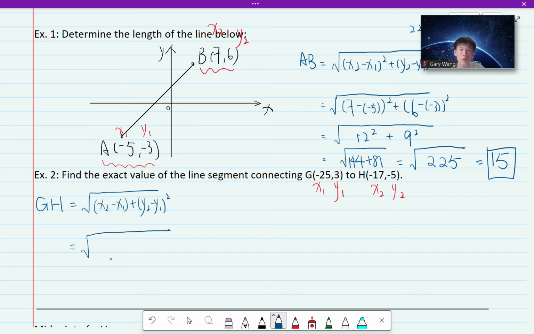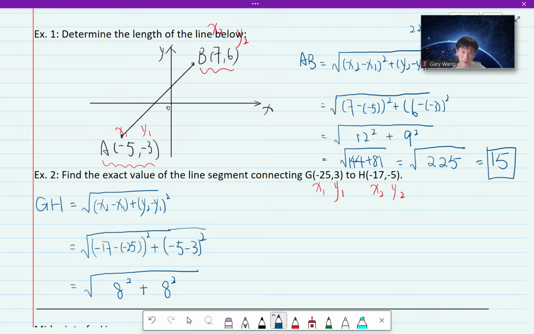x2 minus x1 is -17 minus -25, squared, plus y2 minus y1, squared. And after simplifying, -17 minus -25 is -17 plus 25, which is 8, squared, plus -5 minus 3, which is -8, squared.